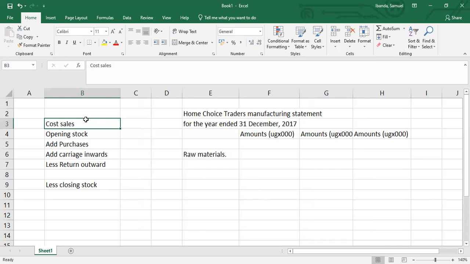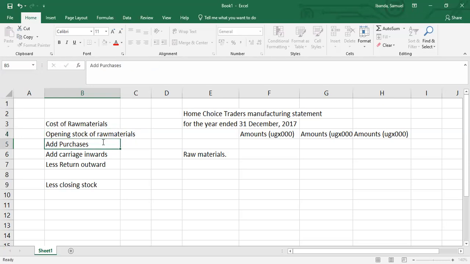But before that, as this is cost of sales, in the same way, if you want to determine how much you spent on raw materials, you would use the same thing. So wherever there is opening stock, we shall have opening stock of raw materials.